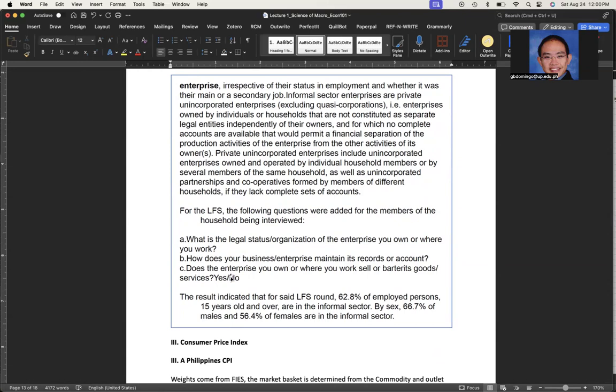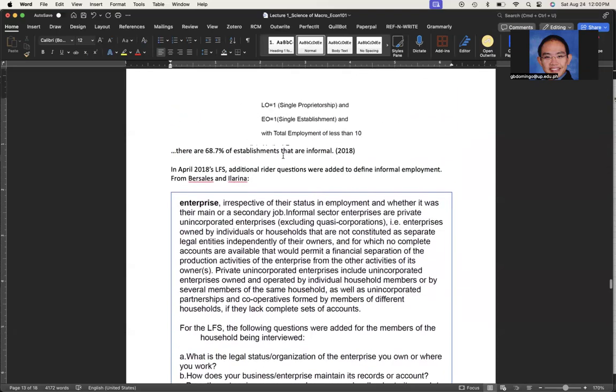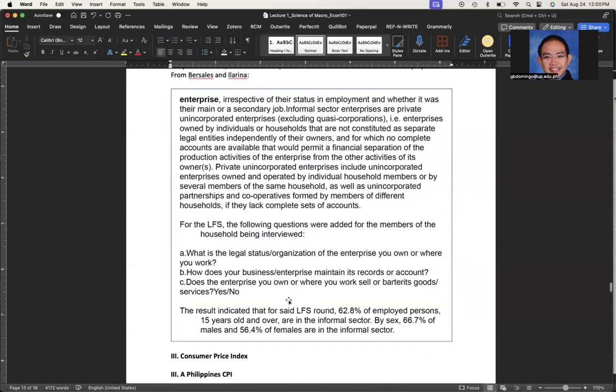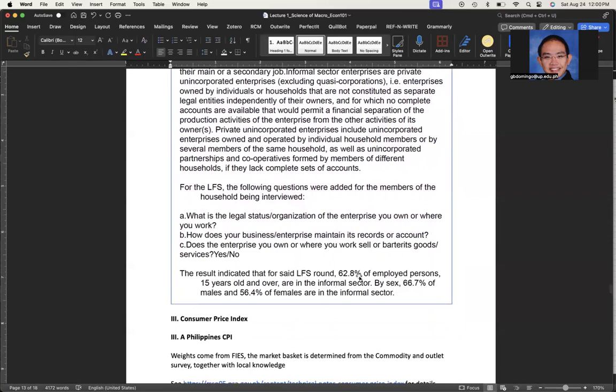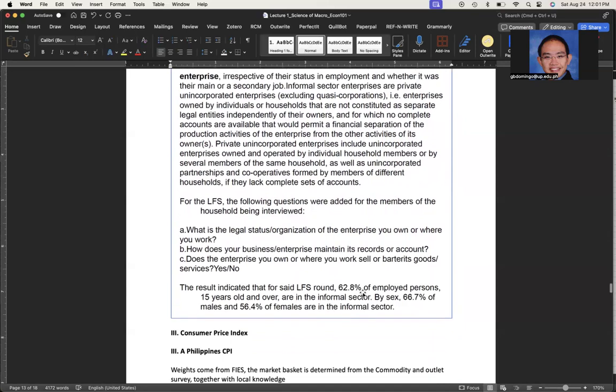The result indicated that for the LFS round, 62.8% of employed people. Because it could be individuals or groups of individuals, we cannot talk about it in the same way as 68% of establishments, but you can see 62.8% of employed persons 15 years or over are part of the informal sector according to these rider definition questions.